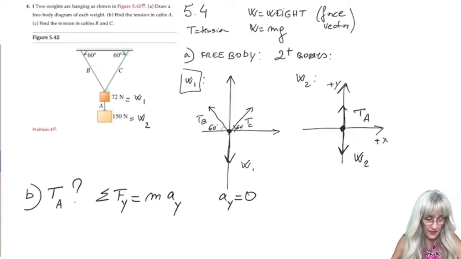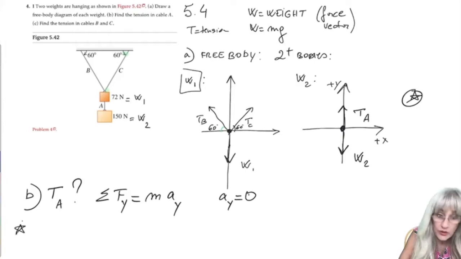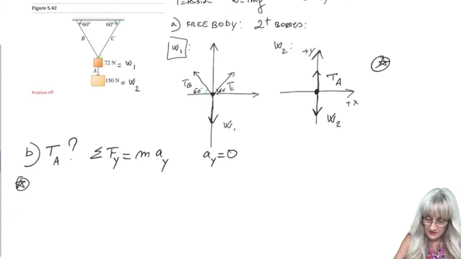So we can use this free body diagram, I'm going to call it with a star, and we can derive the first equation that says T of A is positive because it points up to the sky.